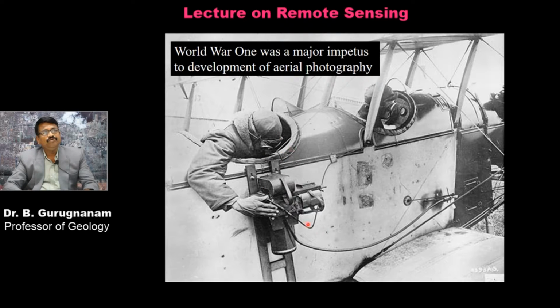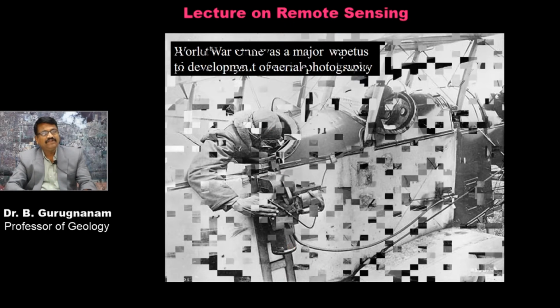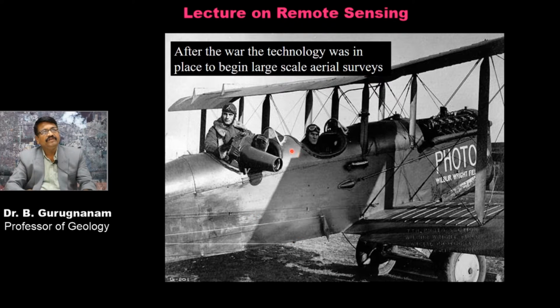And you see, slowly they used this technology during the war period. That is another development that forced us to look at, from the scientific point of view, how this technology can be scientifically evolved. So in World War One, the major impulse was to develop aerial photography, looking from the aircraft, and he takes photographs, and subsequently they were used for fighting the enemies.